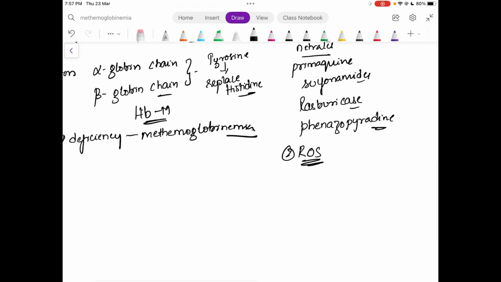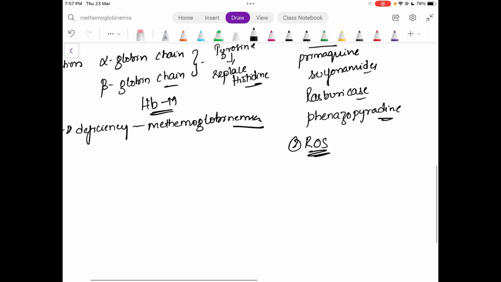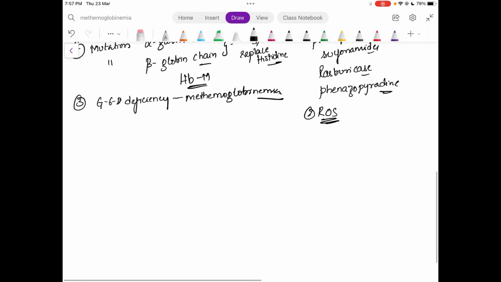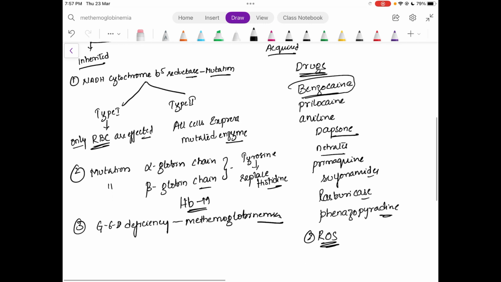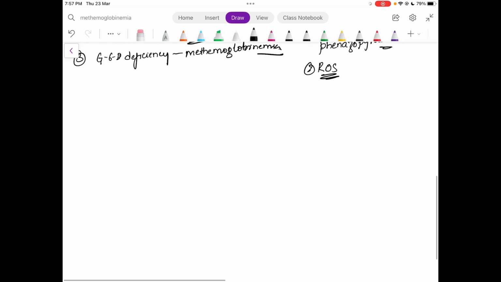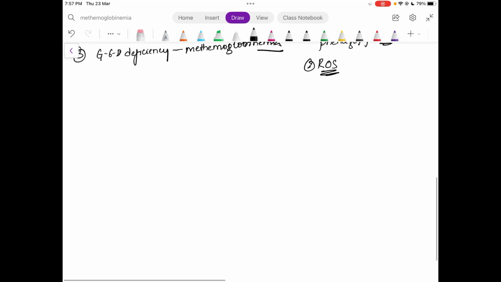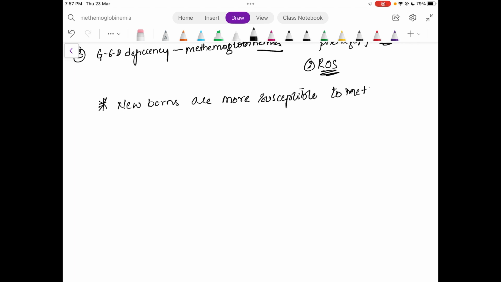And reactive oxygen species can also form Fe3+ and cause methemoglobin formation. So these are the causes for methemoglobin formation. And one important thing is newborns are more susceptible to methemoglobin formation.